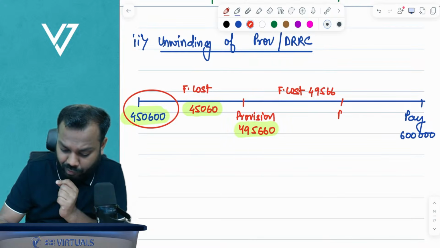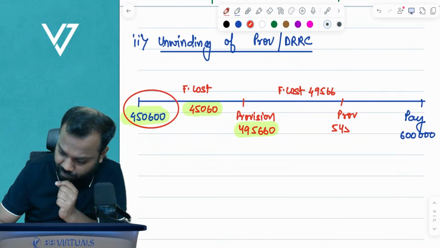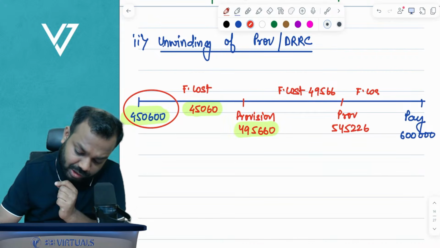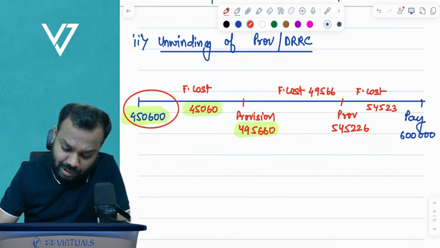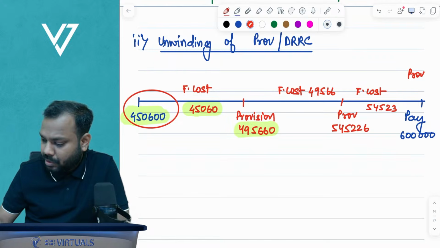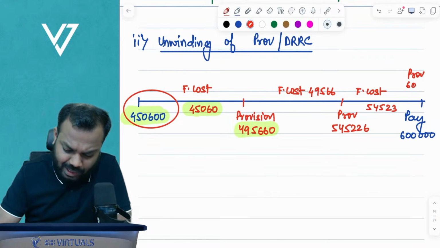The provision balance here is 545226. The finance cost here is 54523, 10%. So the provision here, on a rounding off basis, will be 600,000. Approximately it will be 600,000.